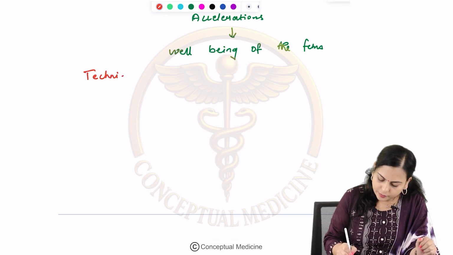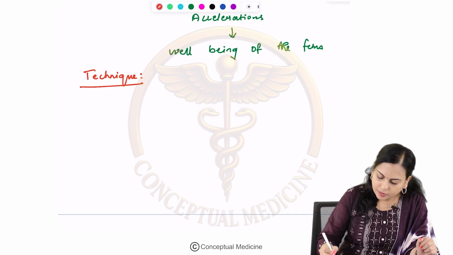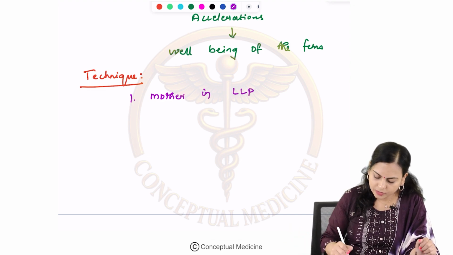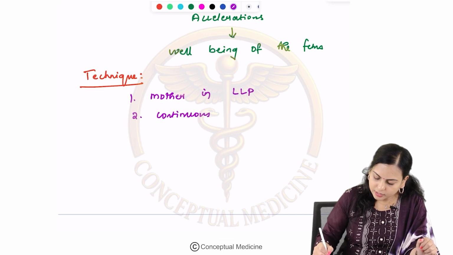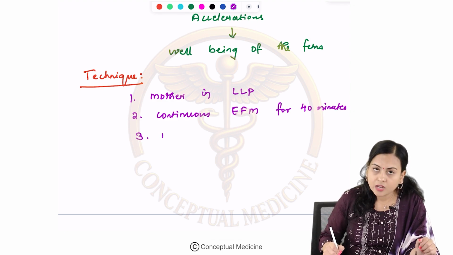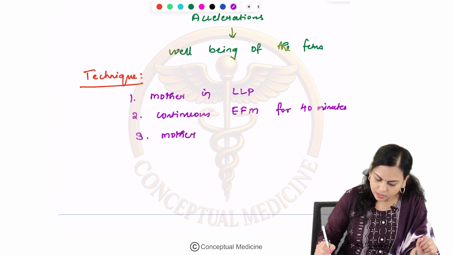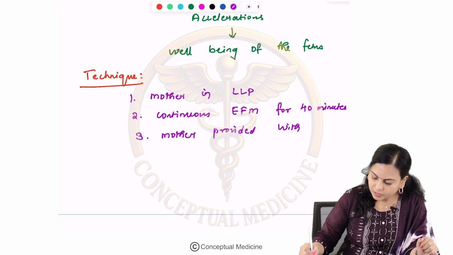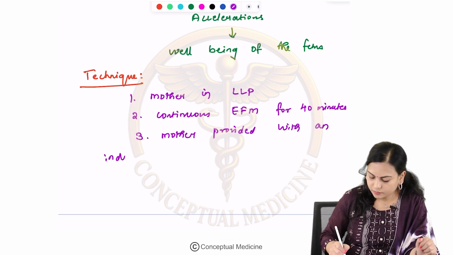So, I'll tell you some basic steps. Number 1, you have to put the mother in left lateral position. Number 2, you have to give continuous electronic fetal monitoring for 40 minutes. Number 3, mother is provided with an indicator.